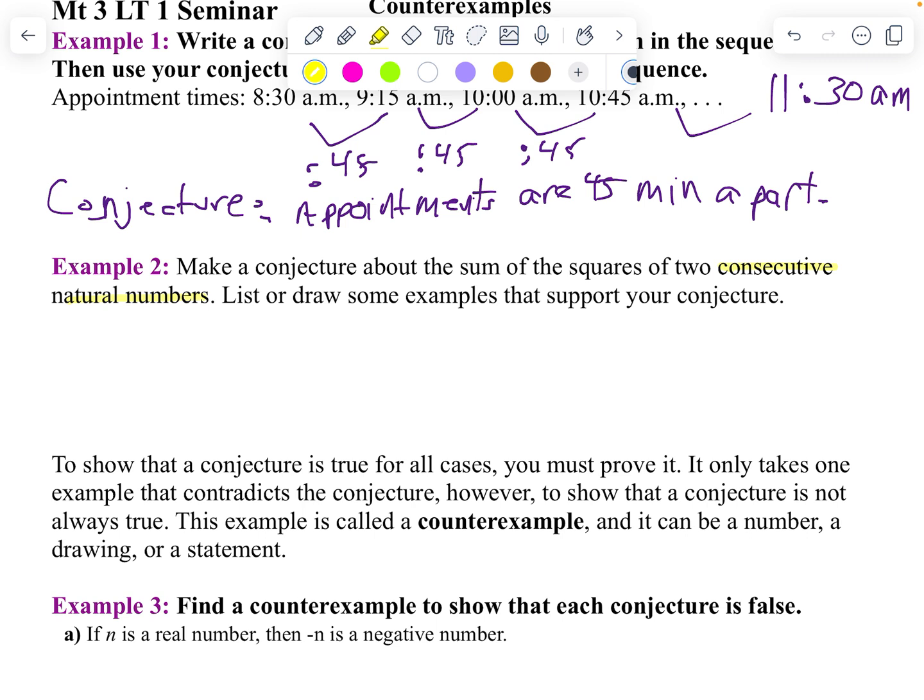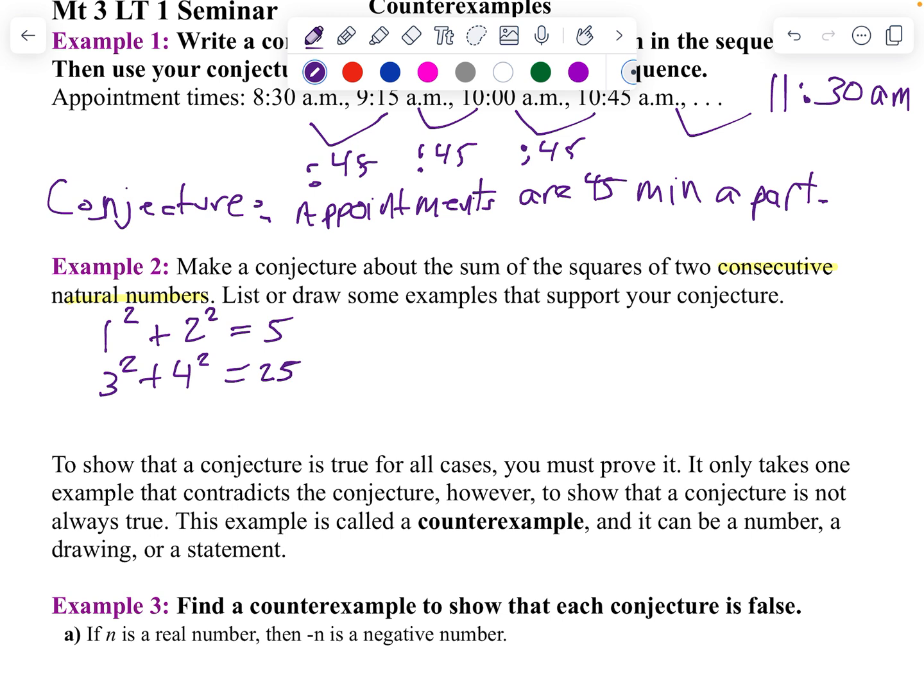No negatives, no decimals. So if I pick 1, I'm going to square them. So 1 squared plus 2 squared. That's 1 plus 4, that's 5. Let's go like 3 squared plus 4 squared. Well, that's 9 plus 16. That's 25.